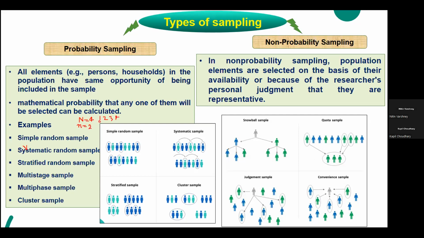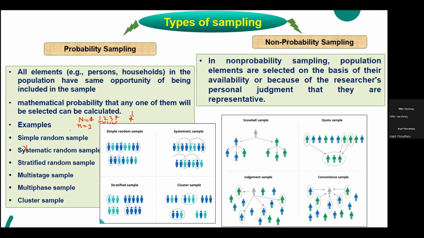Each and every population unit has an equal and same probability of being selected in the sample, that is 1/4. So probability plays an important role in probability sampling. All elements in the population have the same opportunity of being included in the sample.